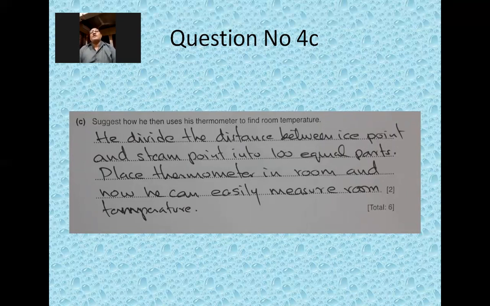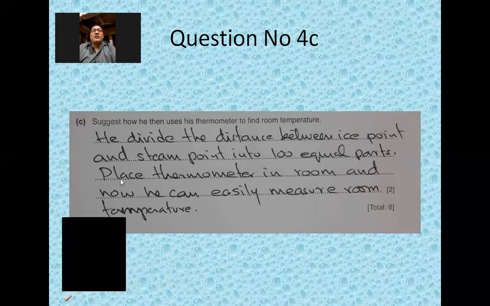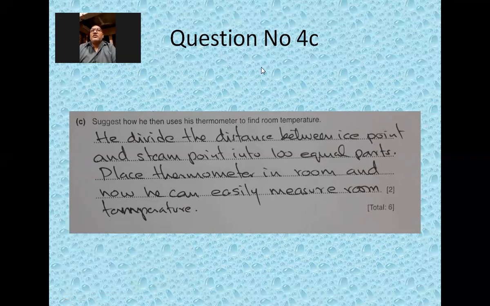If you know the length of the mercury at the ice point, and if you know the length of the mercury at the steam point, and then if you know the length of the mercury at the room temperature, then we have a formula and we can use that. If you want that formula, let me write that formula for you.